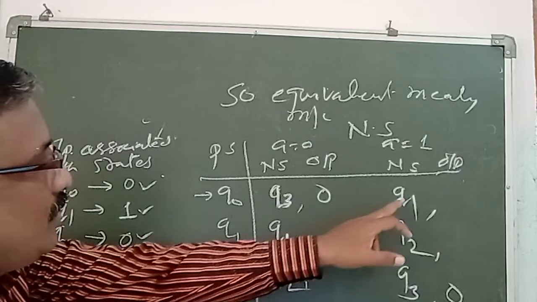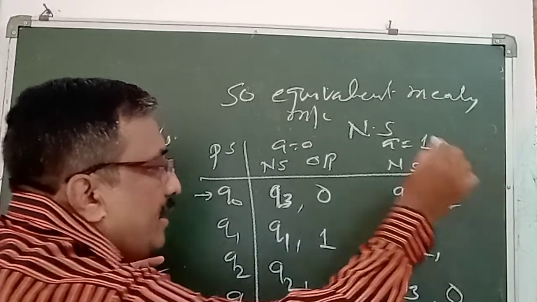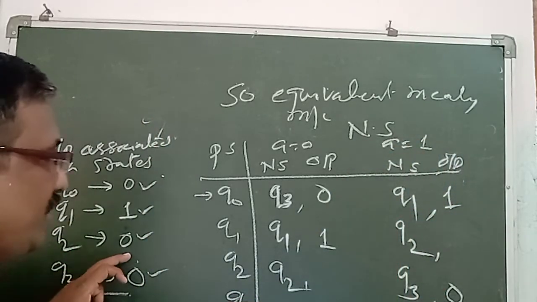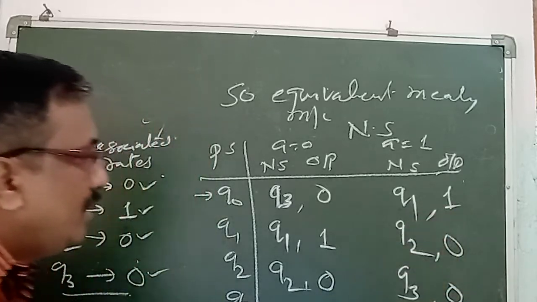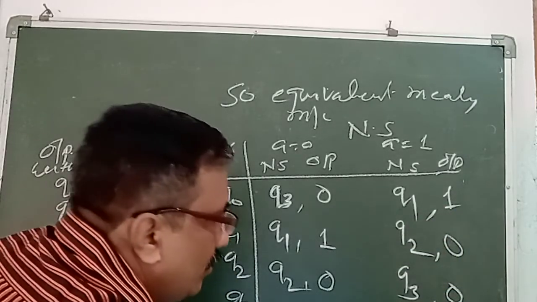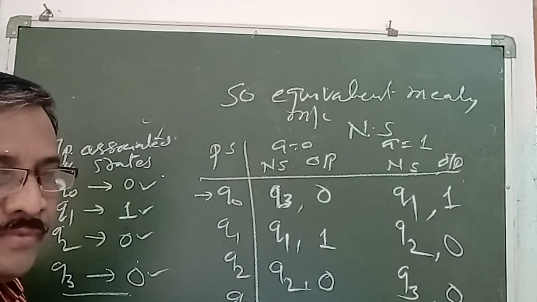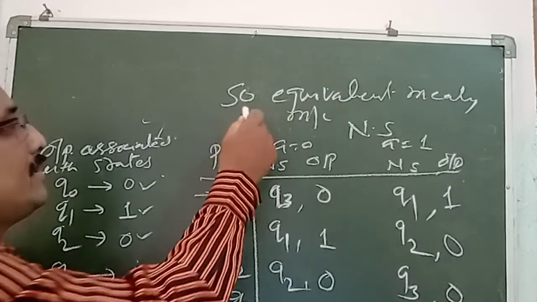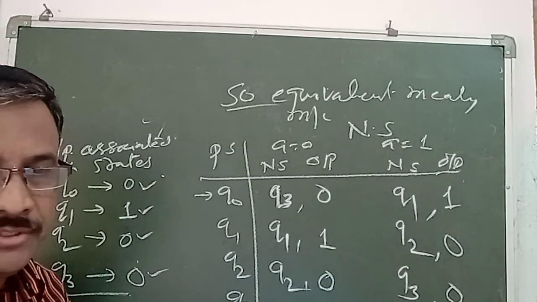Now Q1's output is 1, so write 1 and 1. Q2's output is 0, so write 0 and 0. And Q0's output is 0, so write 0. In this way, we convert this Moore machine into equivalent Mealy machine.